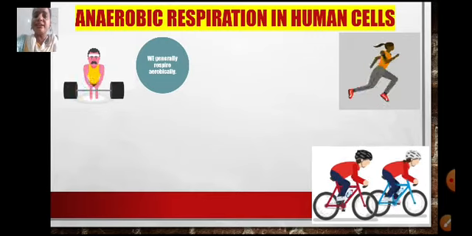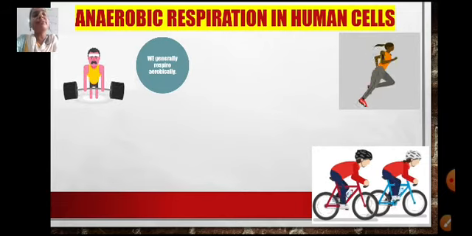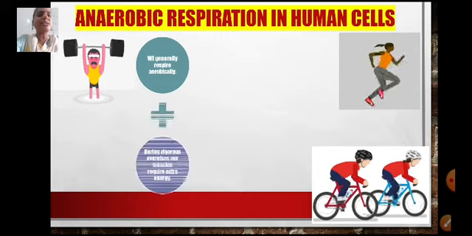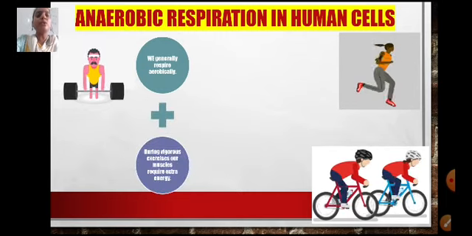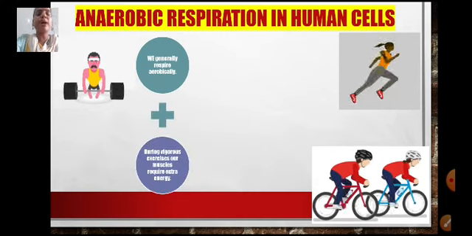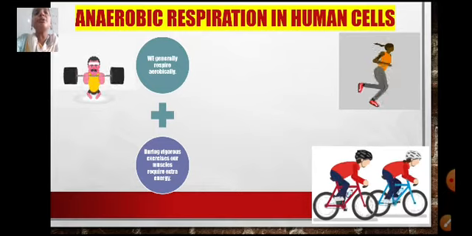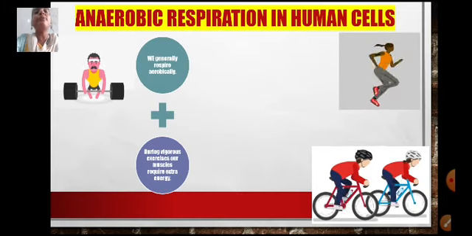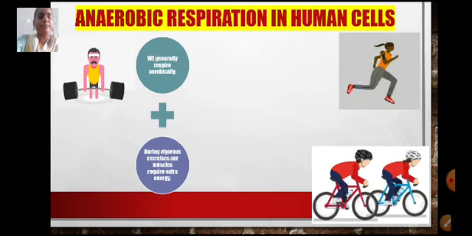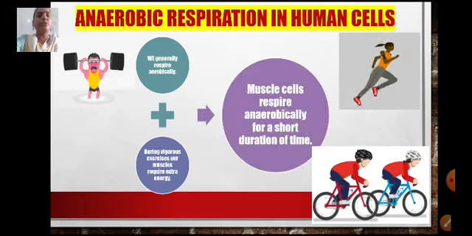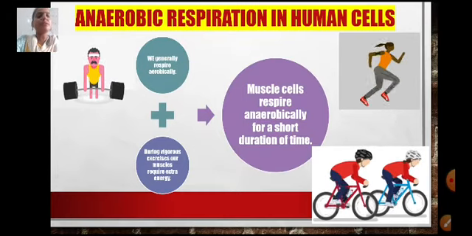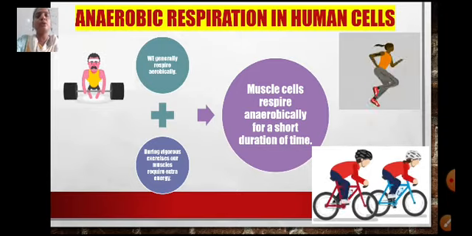Generally, most commonly, we respire aerobically only, but during vigorous exercises, the amount of oxygen that we receive by normal breathing is not sufficient for the production of energy that is required by our body at that time. So what happens then? Muscle cells start respiring anaerobically for a short duration of time.